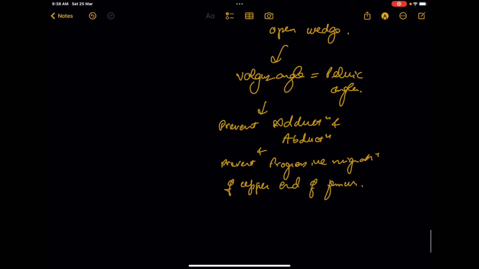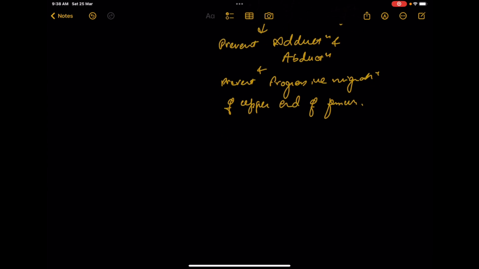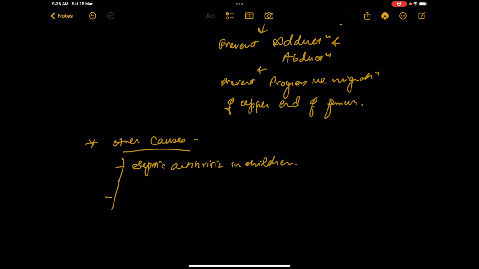The two other causes of posterior dislocation of hip, non-traumatic causes, are septic arthritis in children, where when the blood is drawn from the femoral vein, the needle may infect the hip, or tuberculosis stage 3.